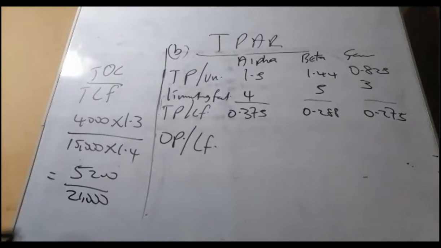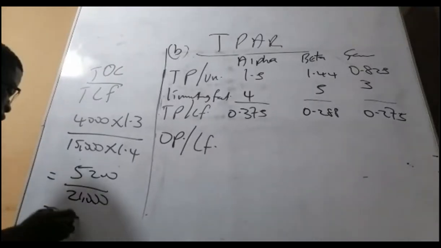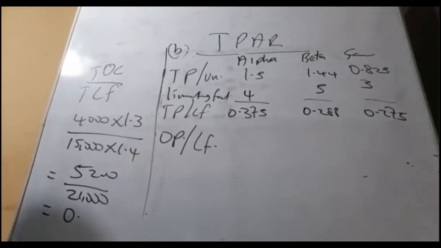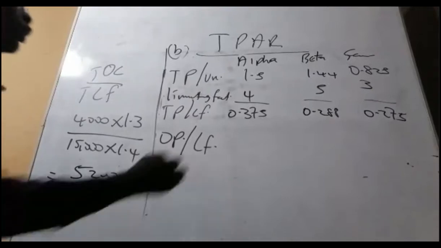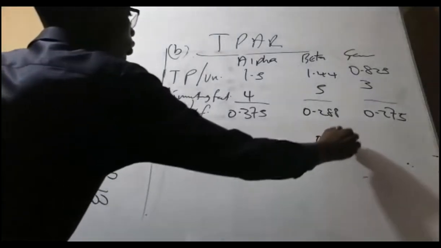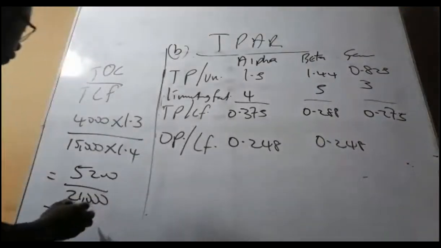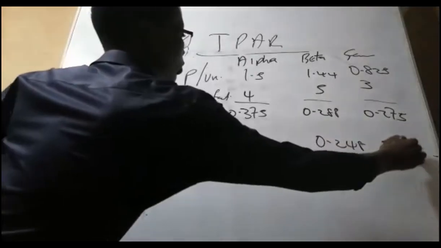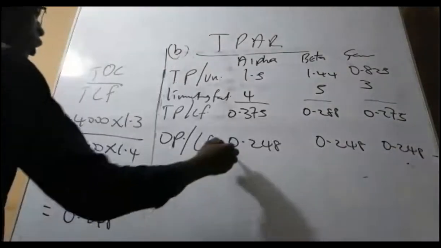So 5,200 by 21,000 will give us 0.248. Yes, the answer is 0.248.